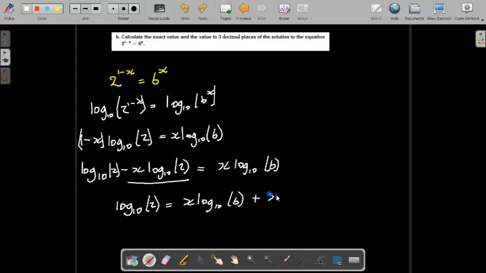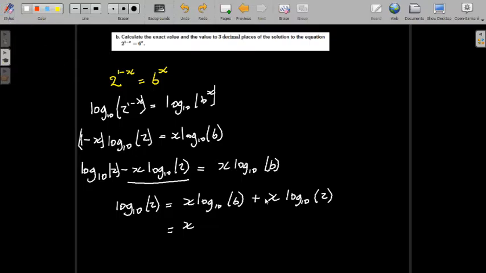So add, because I've got an x in both terms, I can take x as a factor, and I would be left with that.